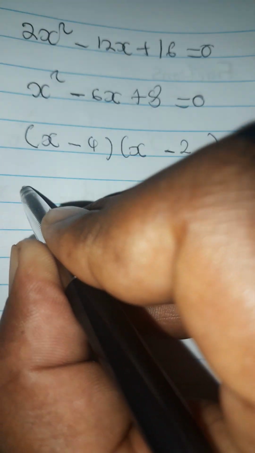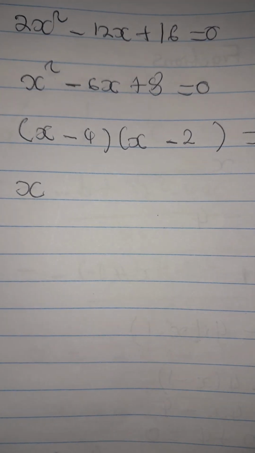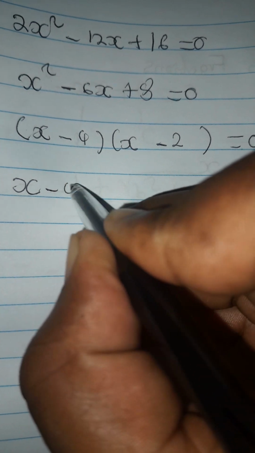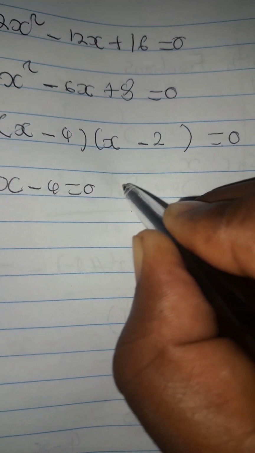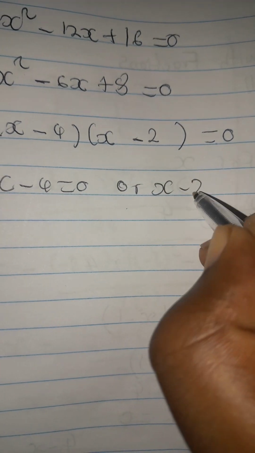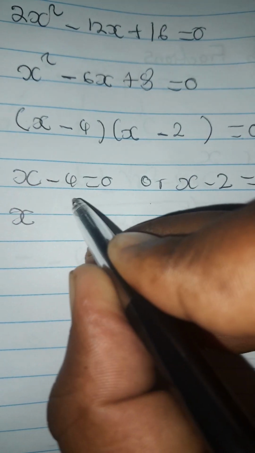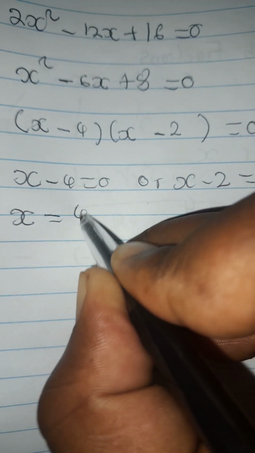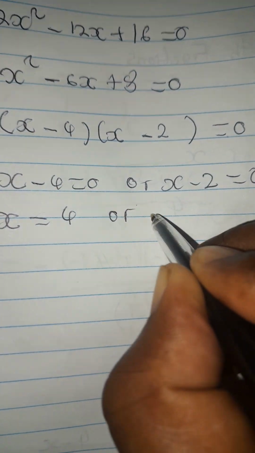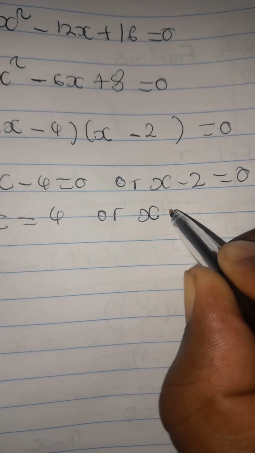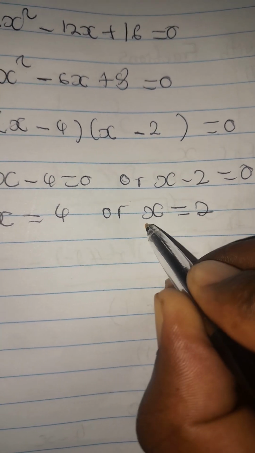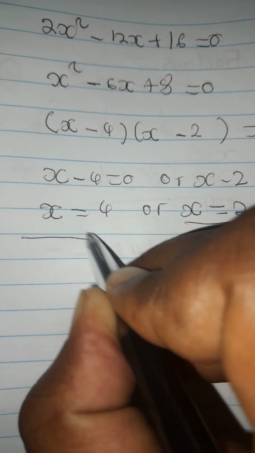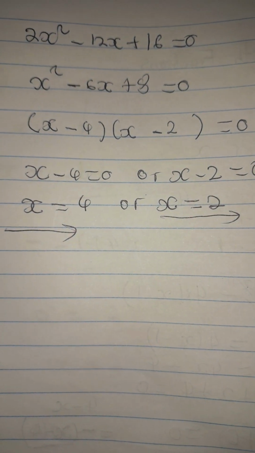So we are going to have -4 as well as -2. So we equate everything to 0: x minus 4 equated to 0, or x minus 2 equated to 0. So from here, take -4 to the other side, it's positive, so x is equal to 4, or x is equal to 2. Okay, so we have the solutions.